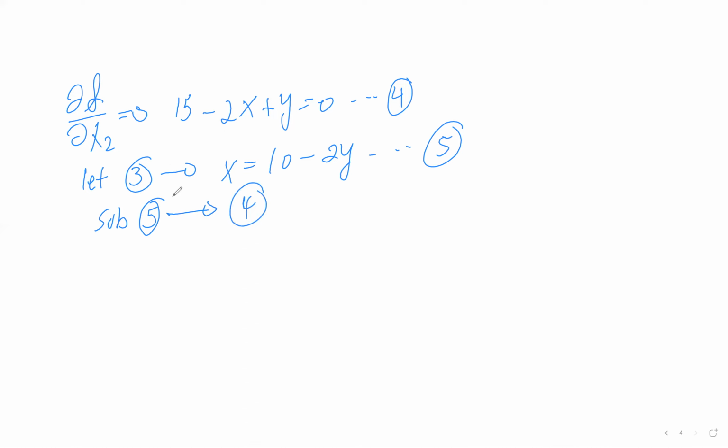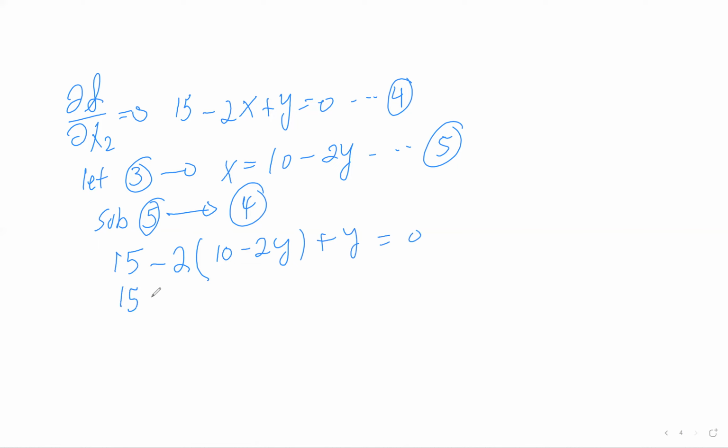So in equation 4, we have 15 minus 2x, and then instead of x, we substitute x is equal to 10 minus 2y. 10 minus 2y. And then we have the term which is y, that is equal to 0.